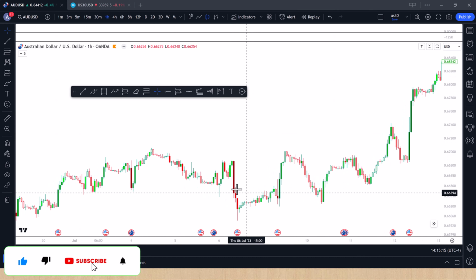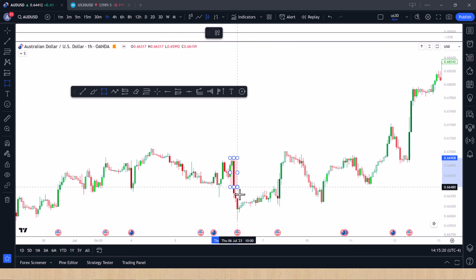For example, here we have a high volume candle, this candle. What's important about this is that the activity of traders in this candle is very high. I don't care if they are big boys or big traders, or if they are small traders.